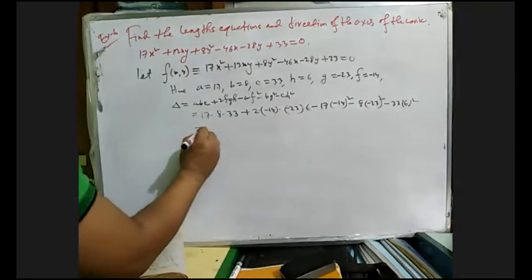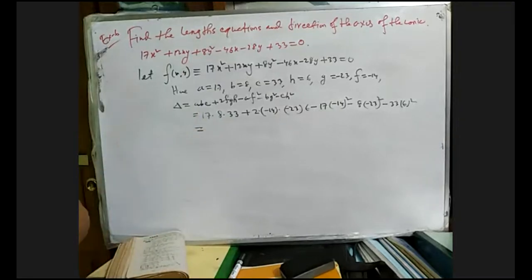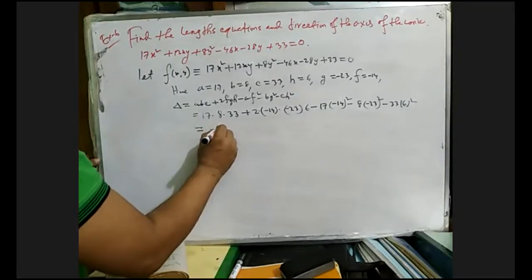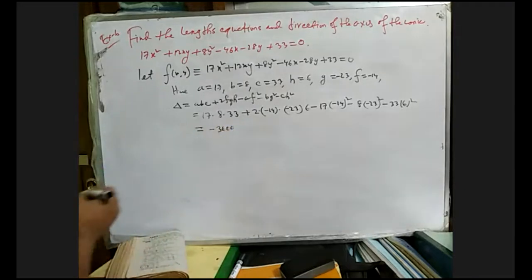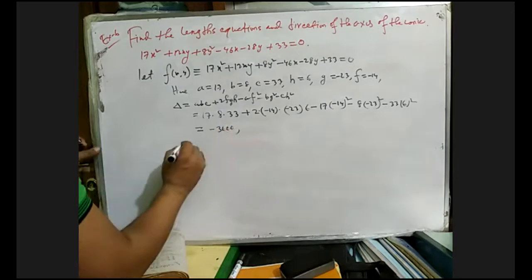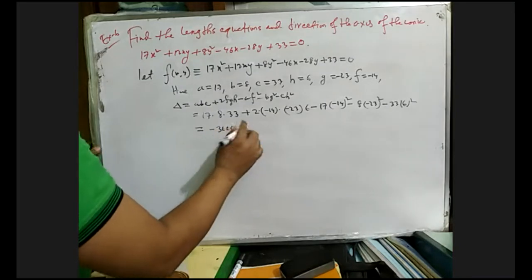So after calculating, we get minus 3600, again, which is not equal to 0.